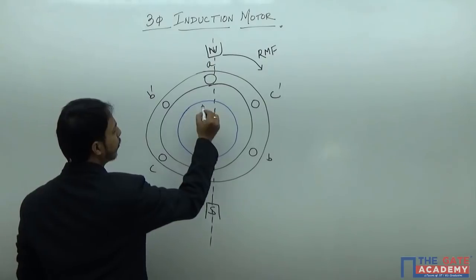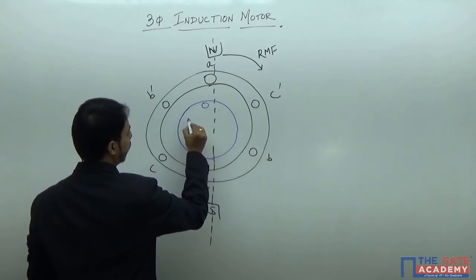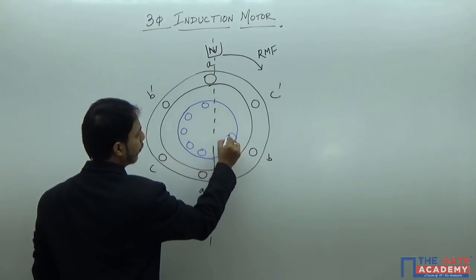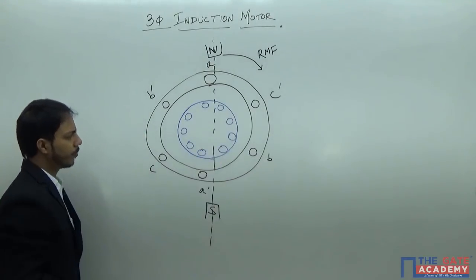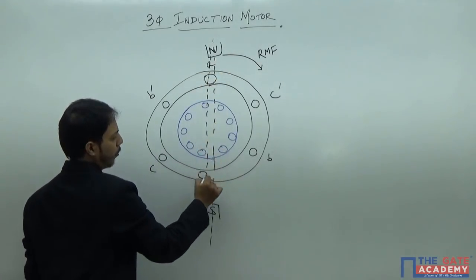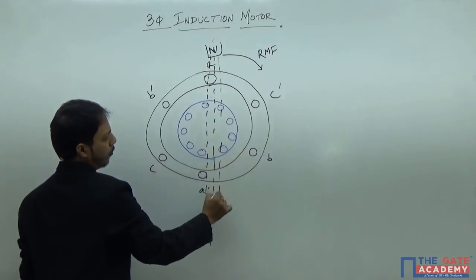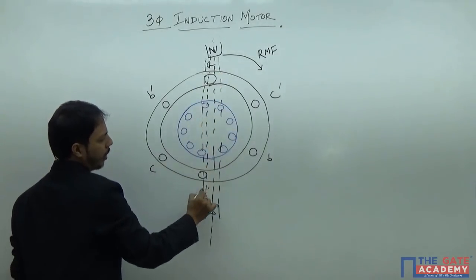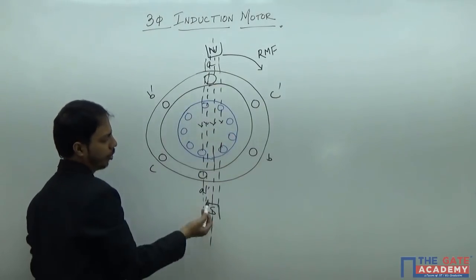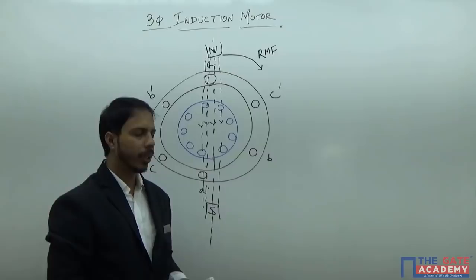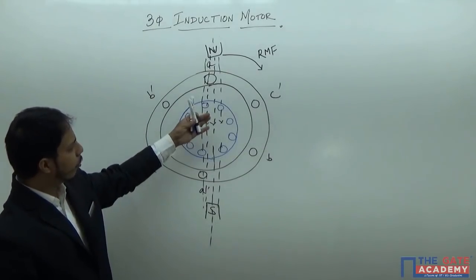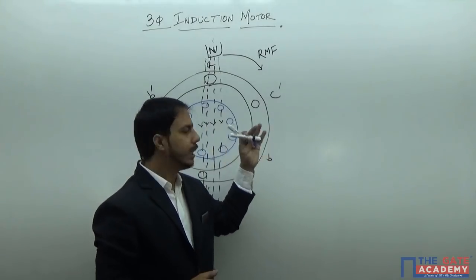Suppose there are conductors in the rotor in this fashion, and this is my field here. The direction of the field is from north towards south. I need to find out the direction of the EMF which is induced.